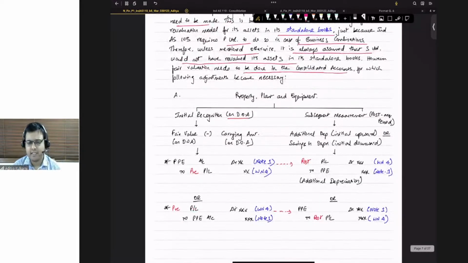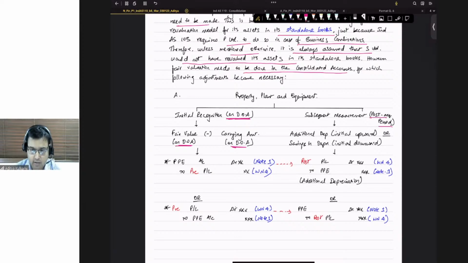So what are the adjustments? First one, property, plant and equipment, initially that is on the date of acquisition and in the post acquisition period. First we will compare fair value with the carrying amount on the date of acquisition.